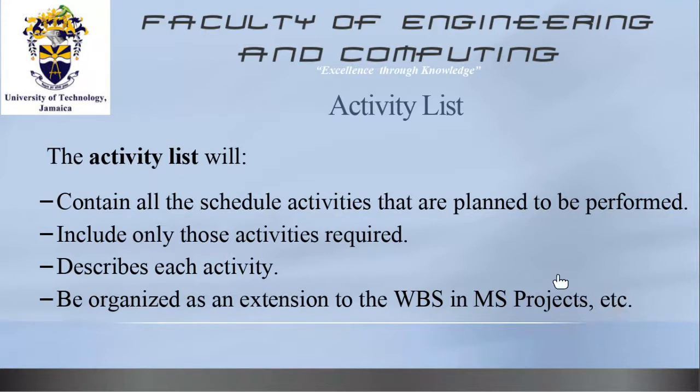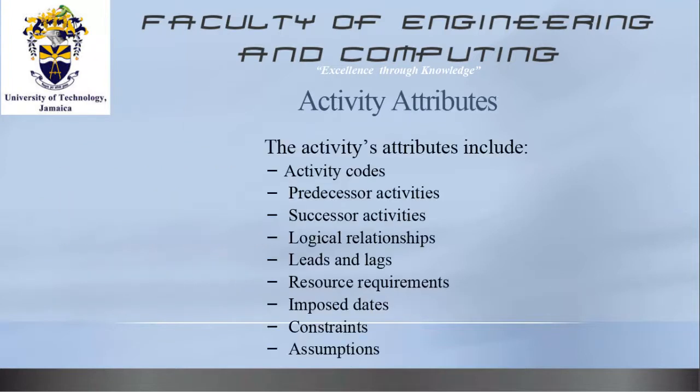In addition to the activity list, there's what is referred to as the activity attributes, right? The activity attributes include codes, and we went through this before. The codes help us to identify the particular activity. That's the numbering system that we use. There are predecessor activities. There are successor activities that are attributes to any individual activity.